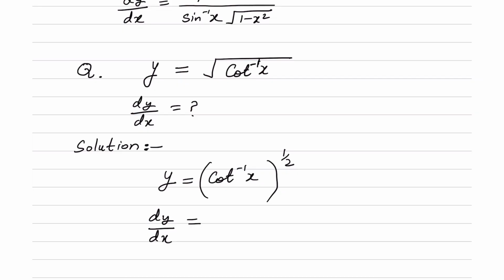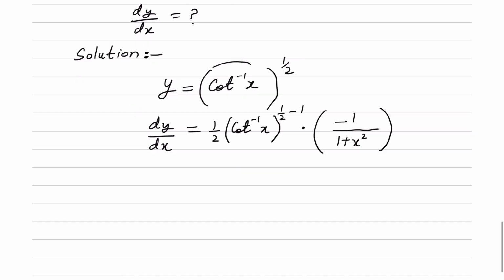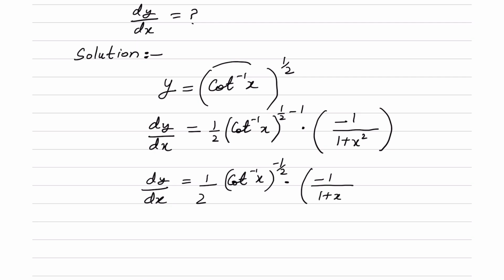So the power rule says bring the power to the side, whatever is inside remains as it is, and then subtract 1 from the power, and then multiply by the derivative of the inside term, which is cot inverse x. Its derivative is minus 1 over 1 plus x square. We will simplify it. dy by dx is equal to 1 over 2 cot inverse x to the power minus 1 by 2 into minus 1 over 1 plus x square.